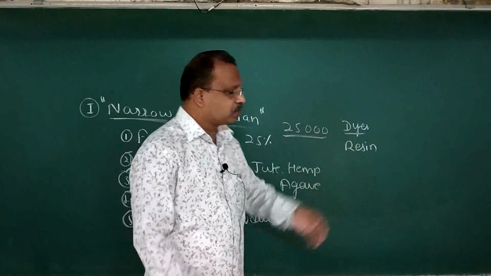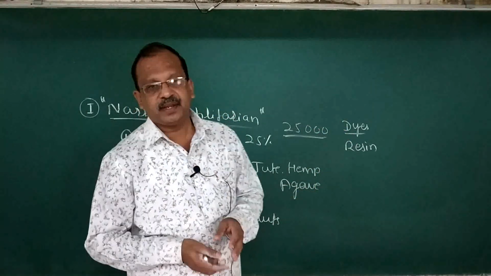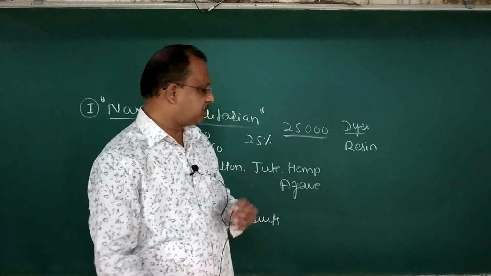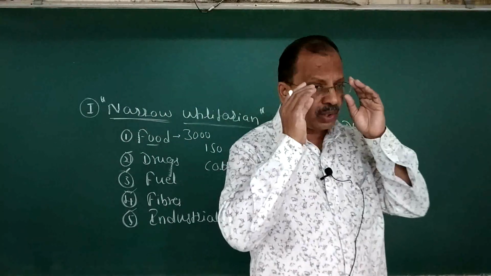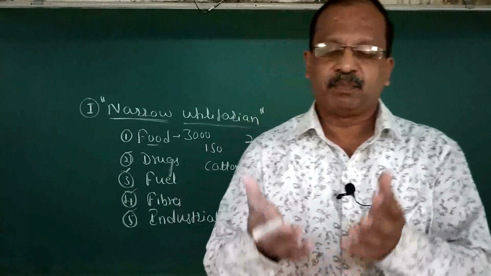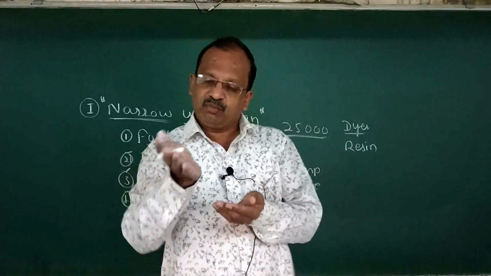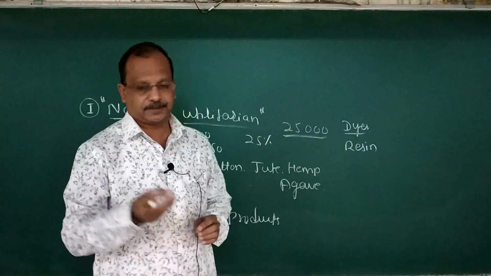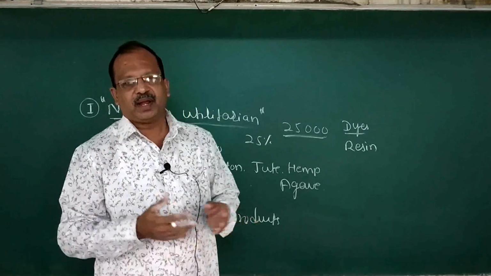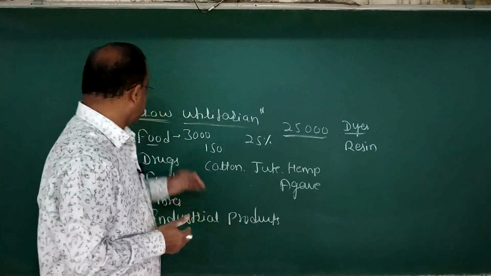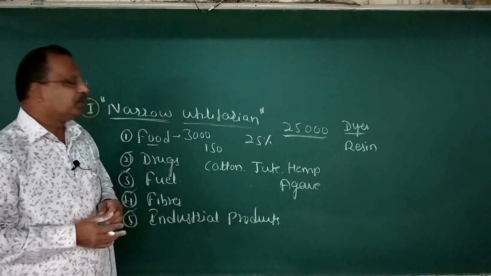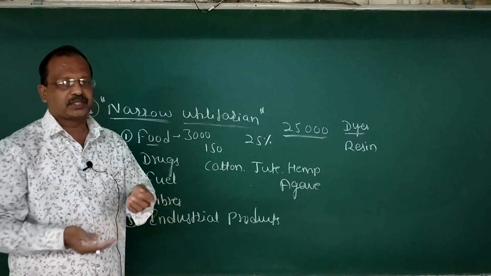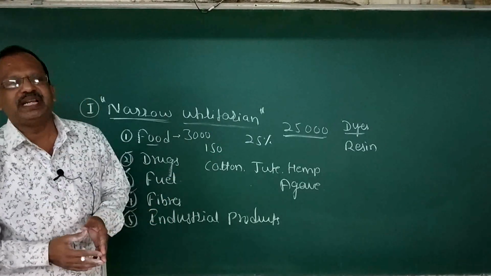Industrial products include dyes, resin and tannins. So that ends narrow utilitarian. Next matter is broad utilitarian.